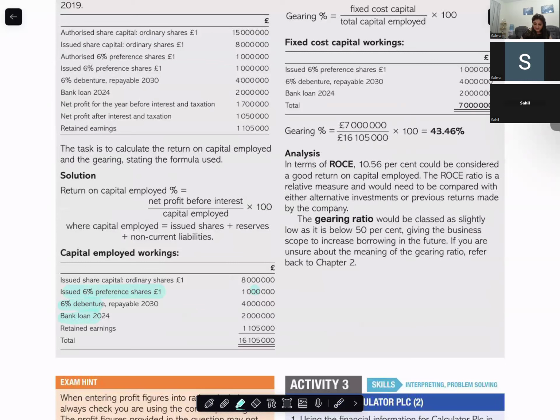If a percentage is mentioned next to the preference capital, that means, say, 6% dividend must be given to your preference shareholders, whether you earn a profit or not.